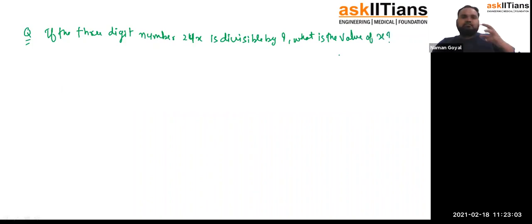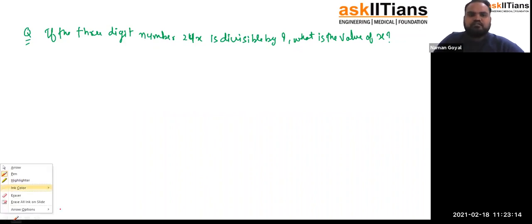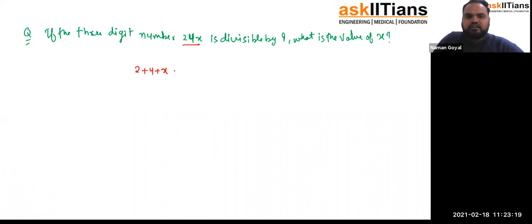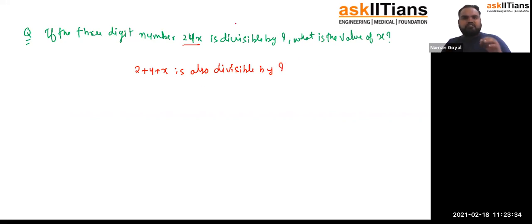If this number is divisible by 9, then we can say that the sum 2 plus 4 plus x is also divisible by 9, right? Now first of all, x can be a digit only, right? X can be a digit means x can be from 0 to 9.